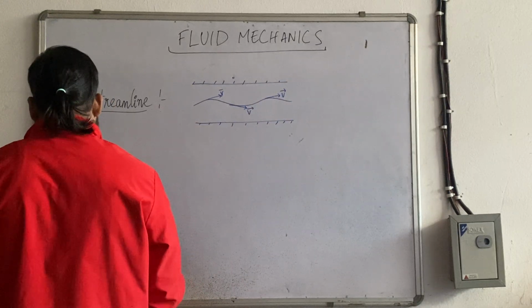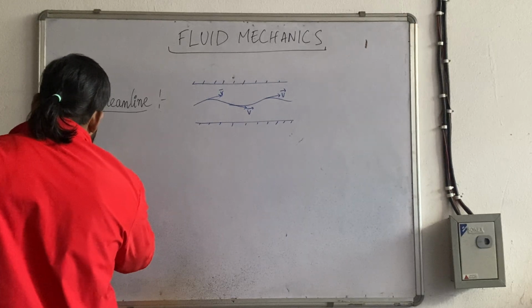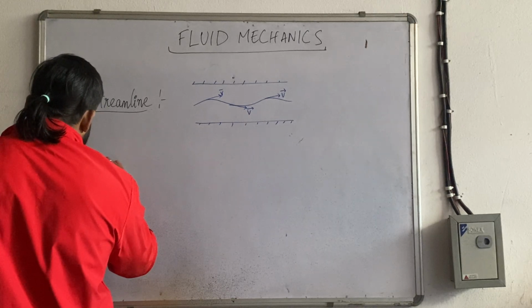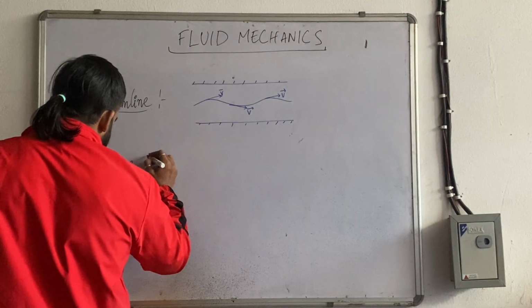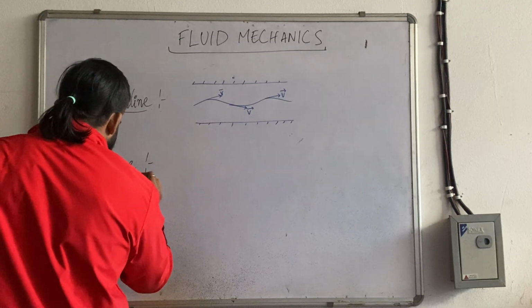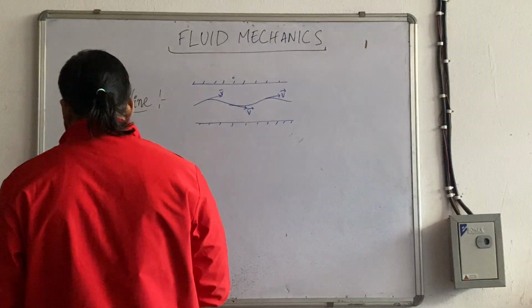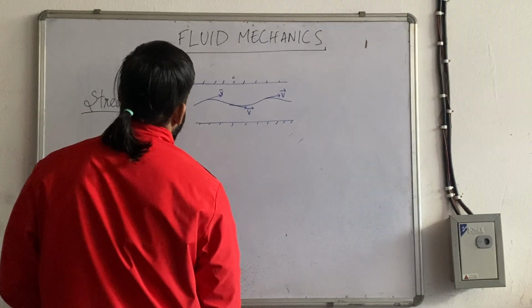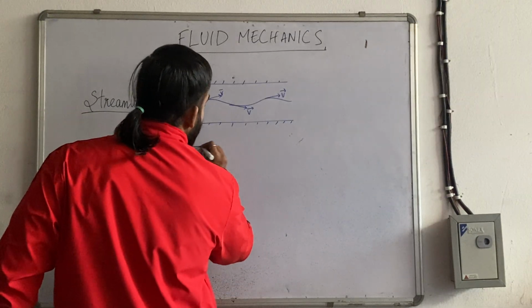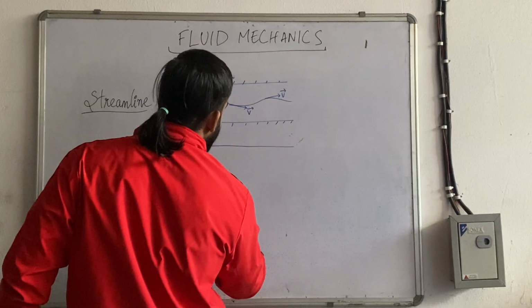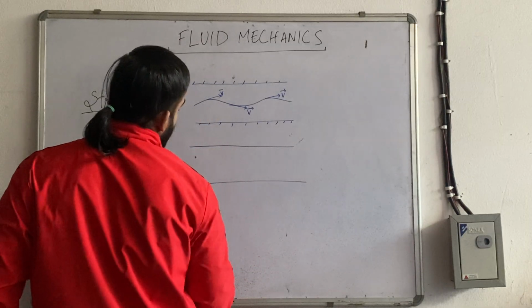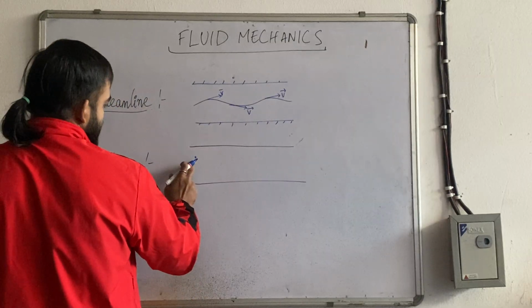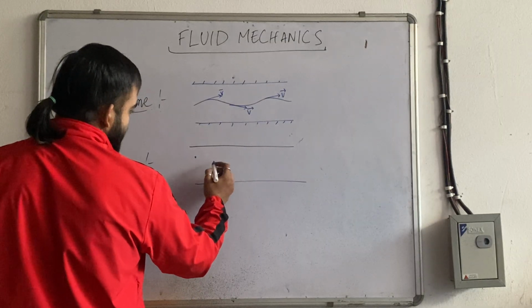Second comes path line. In path line, we trace the position of a particle through time. For example, in the first state, the particle was here.